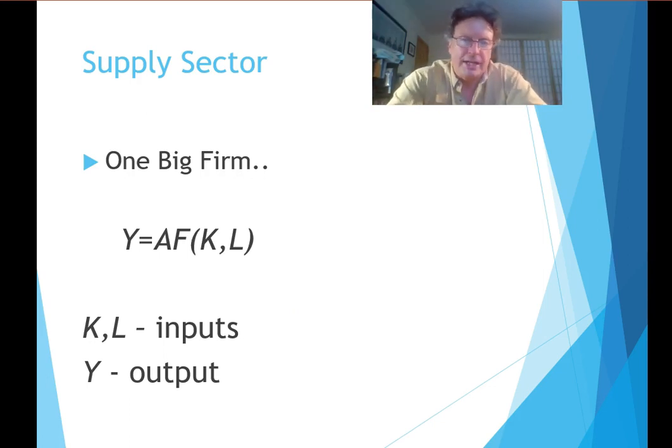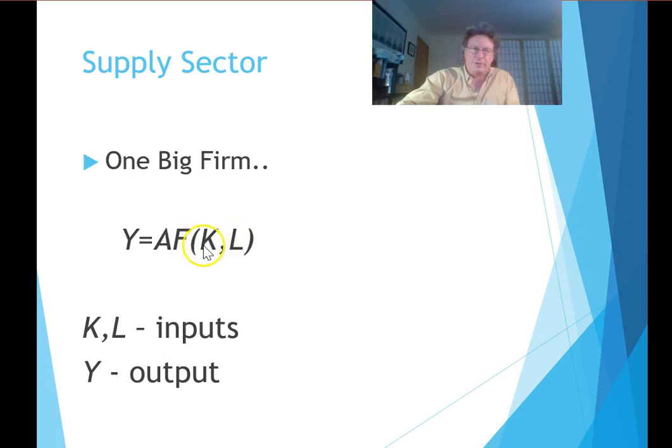When you say capital, most people think of the factory or the machinery or something like that. But it's really everything that goes into that. It could be the organizational details. It could be the insurance that you need to start production. So any input you have to spend on besides labor, we lump into capital.